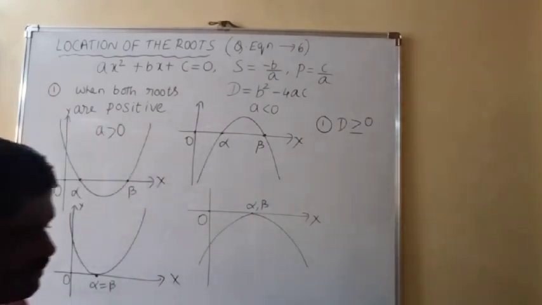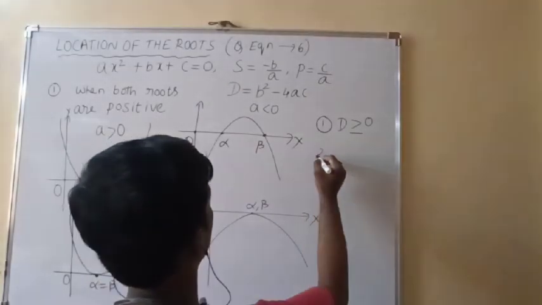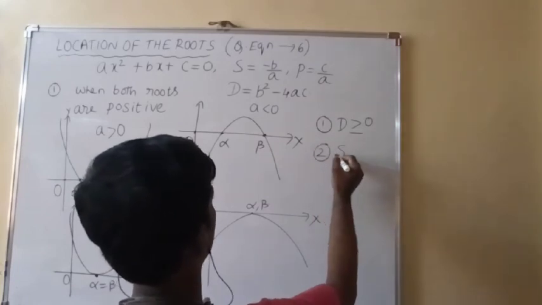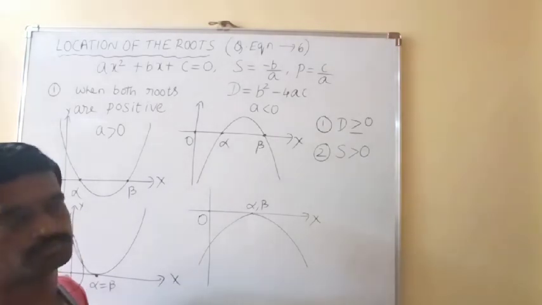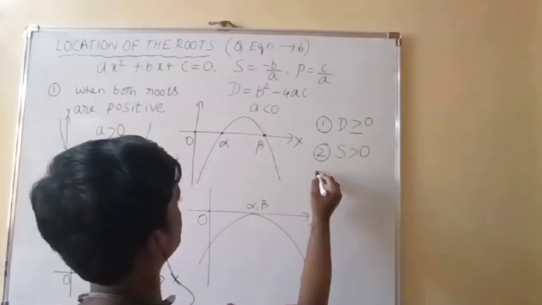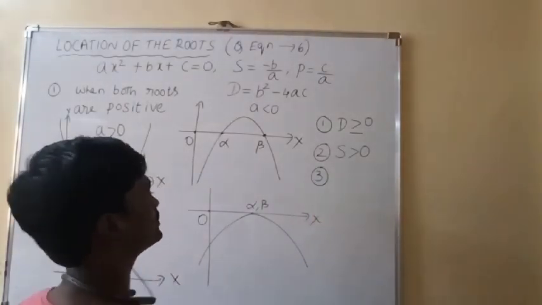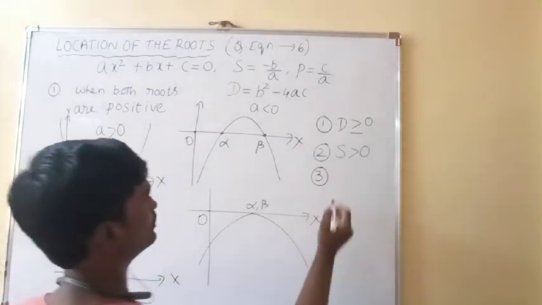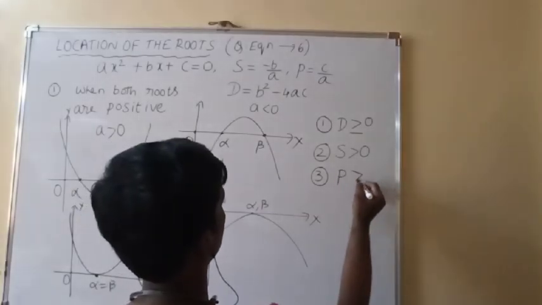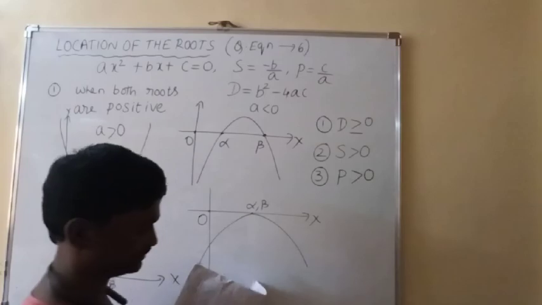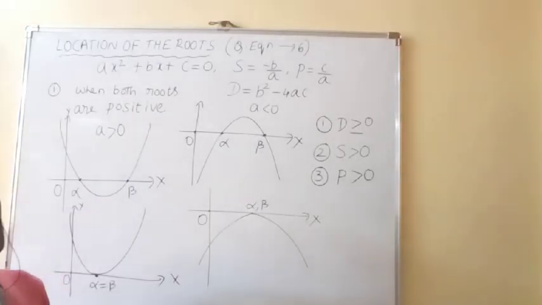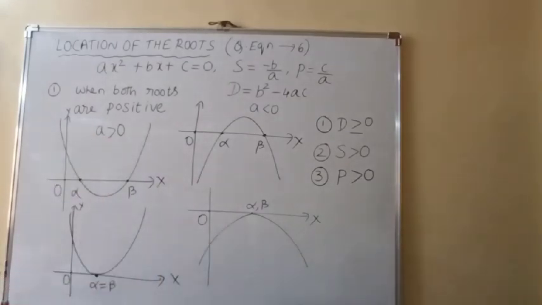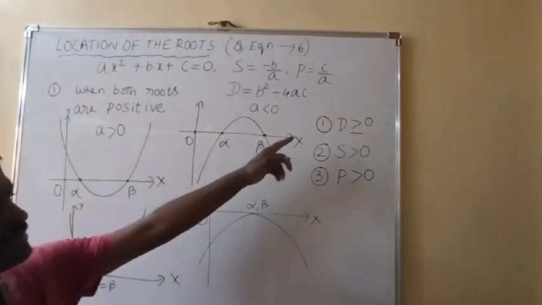So the sum of those 2 positive roots is also positive, you know? So the sum of the roots is positive. Next, as the roots are positive, their product is also positive, that is P is also positive. So these are the 3 different conditions when both roots are positive.